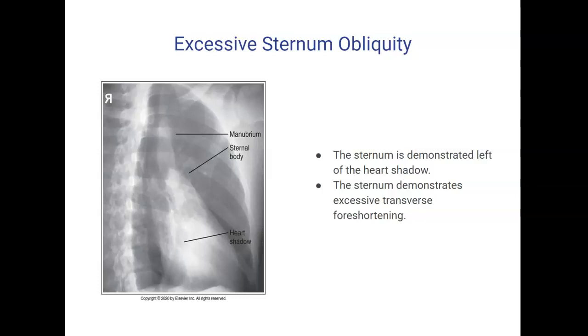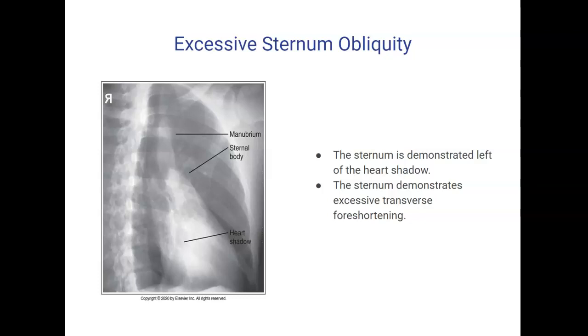In excessive obliquity, where there was more obliquity than needed, the sternum moves to the left of the heart shadow, and it will demonstrate excessive transverse foreshortening.